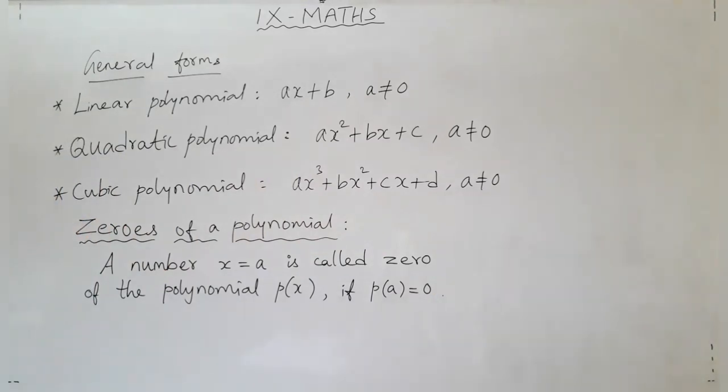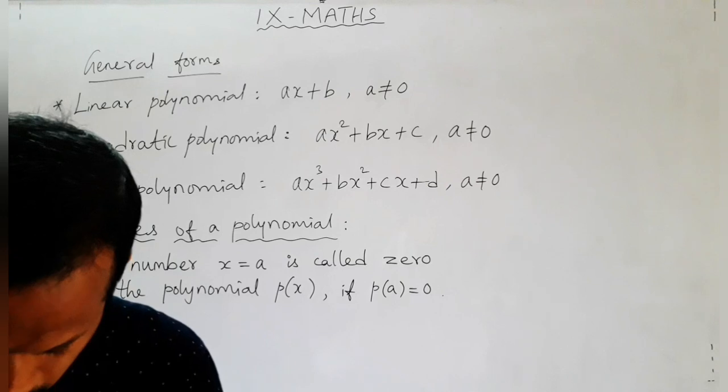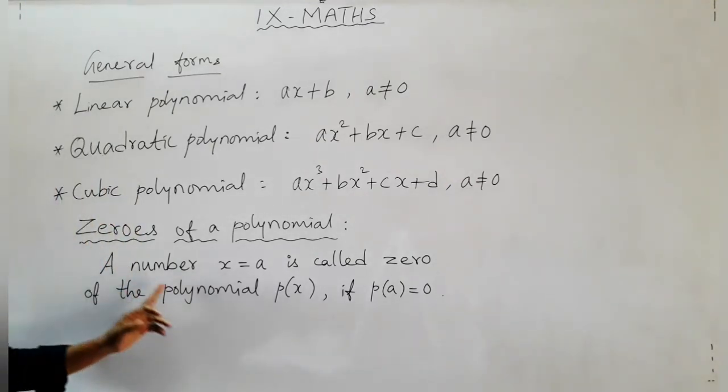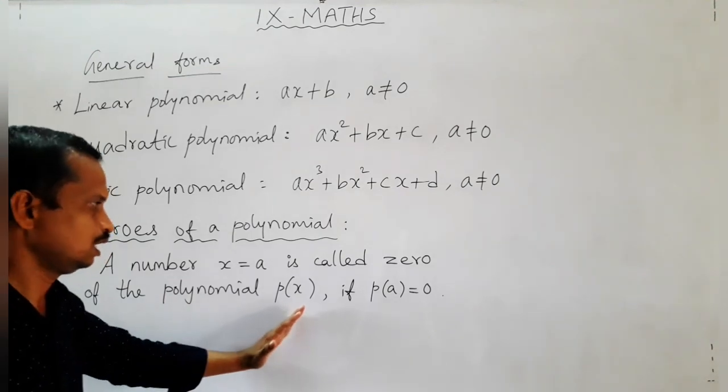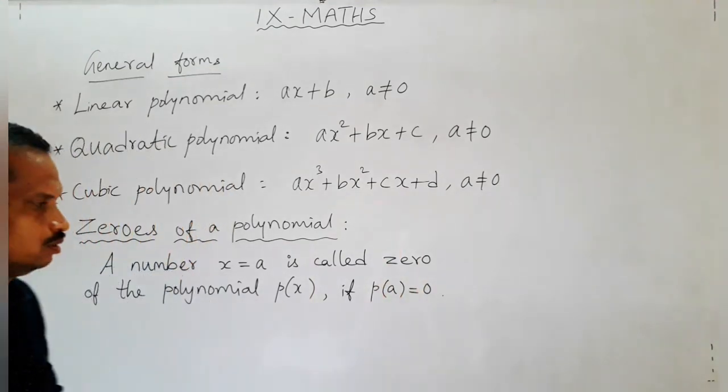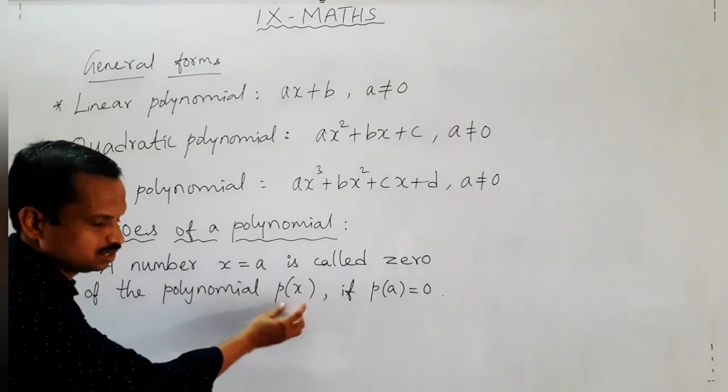So this is the proper definition. What are zeros of a polynomial? Look here: a number x equal to a is called a zero of the polynomial P of x if P of a is equal to 0.